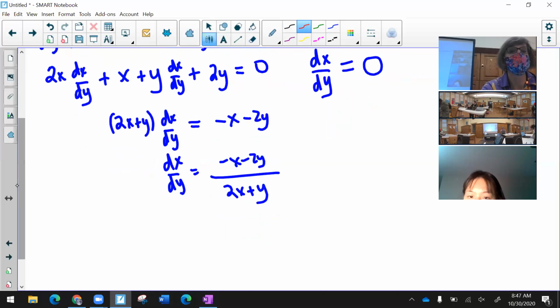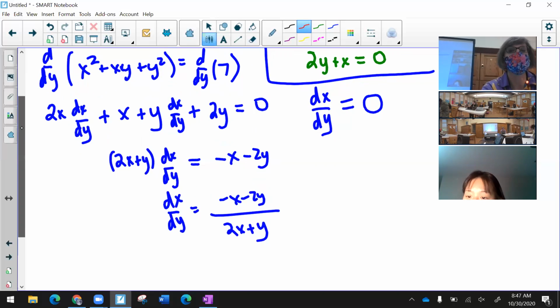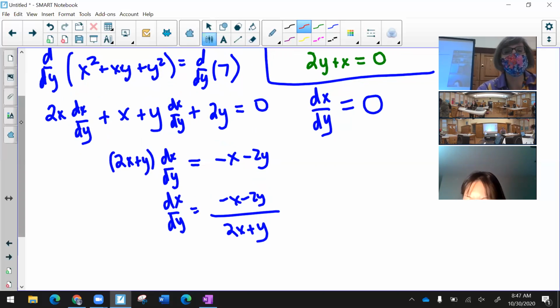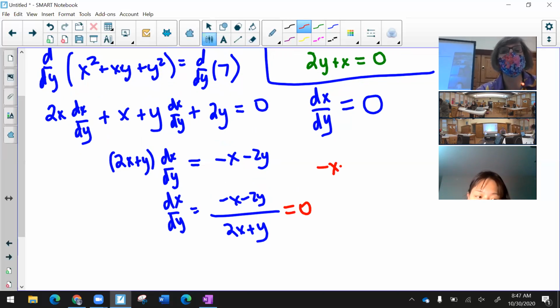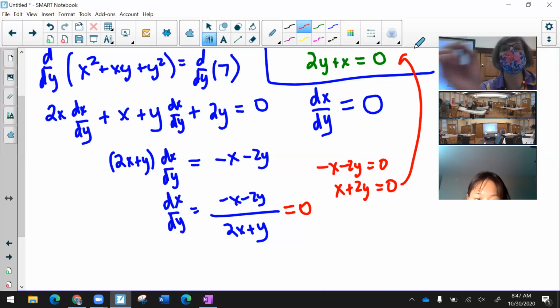Okay. And again, if I set this equal to 0, what I'm really doing is setting the numerator equal to 0. And if I multiply through by -1, what I really have is x plus 2y is equal to 0, which is exactly what we wanted to do originally.